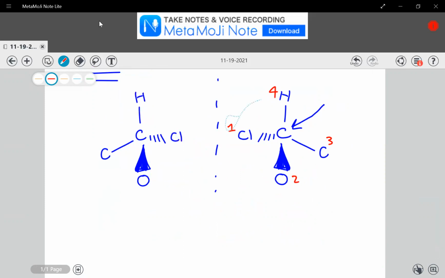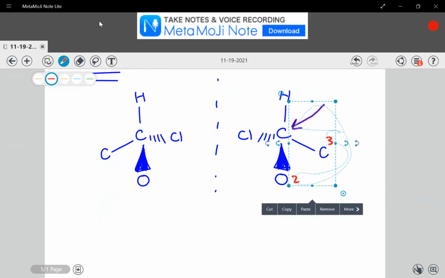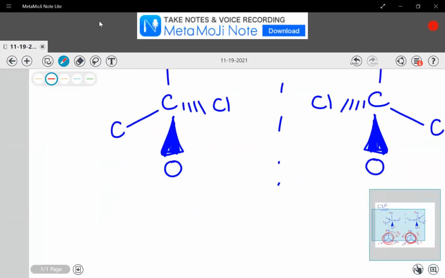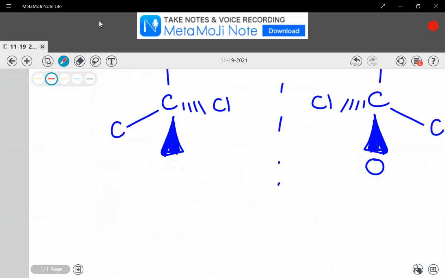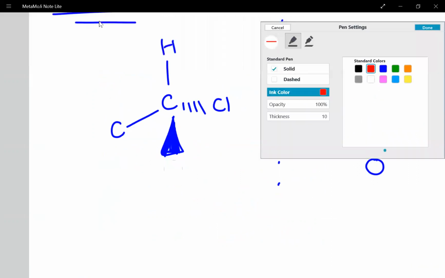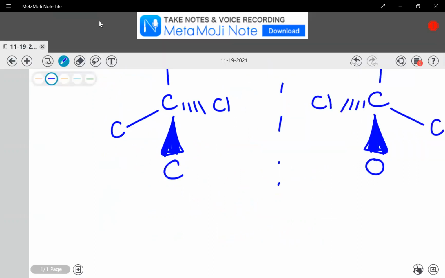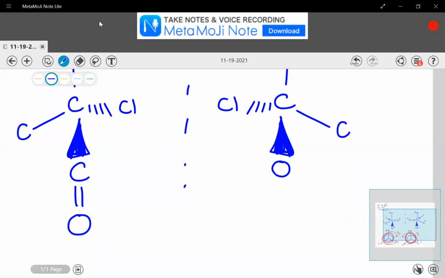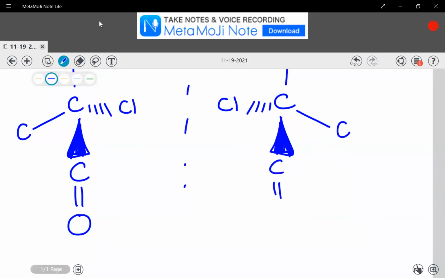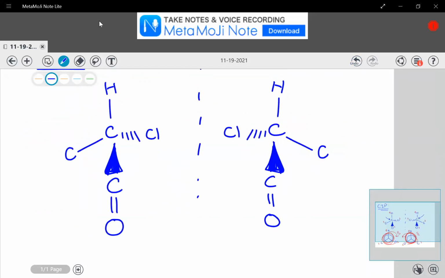What I mean by this is, instead of having an oxygen here, we've got another carbon, and it's double bonded to an oxygen. So when that happens, we have to bring up something called ghost atoms.